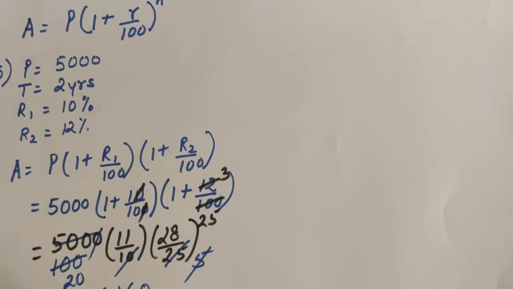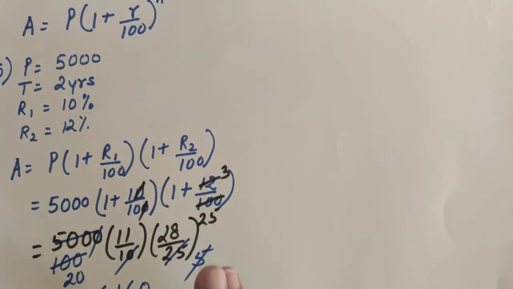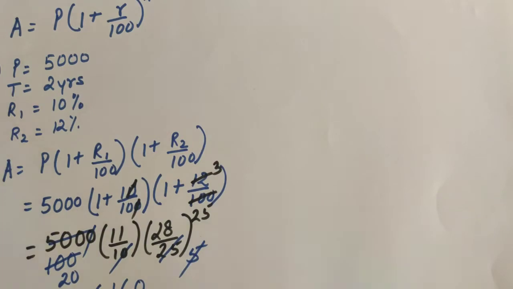Even if you want to use the simple interest formula only, you can, but you have to be careful that you keep adding the interest every year and your principal keeps changing. So if you do it that way, it's also correct. And time you will just distribute. If it is 2 years, every time you will take one year, because it is 1 conversion period you are taking. The next question that I am going to do is question number 8.